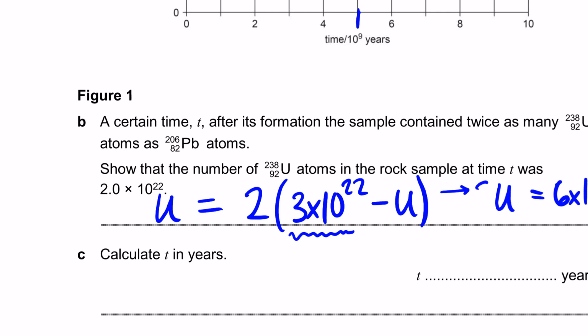Correct. 3U equals 6 times 10 to the 22. Not very good maths. Therefore, U is 2 times 10 to the 22.